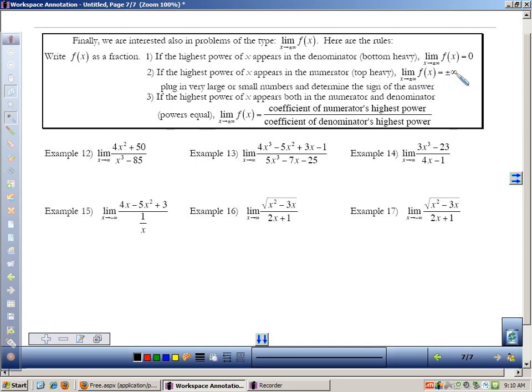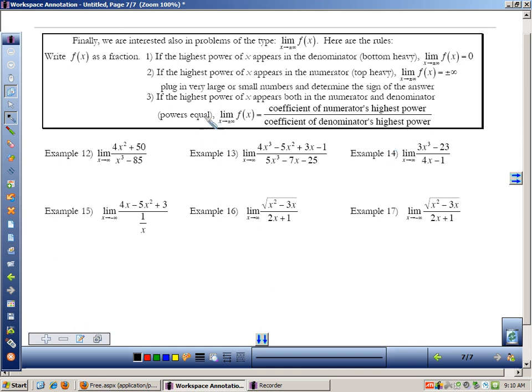And to figure out whether it's positive or negative infinity, we're going to plug in a really big number for x to see if it's positive or negative, or a really small value of x, like negative 10,000, and see if the sign is positive or negative. And the sign is going to tell us whether our limit is plus or minus infinity.